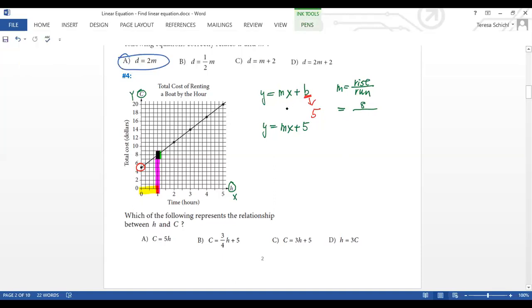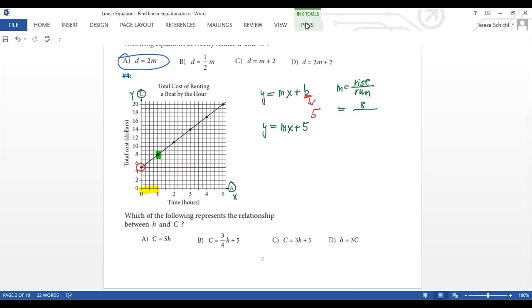Here I made a mistake. This is 1, but this one's here, right? So when x equals 0, be careful here. I hope I can erase this and not erase the whole thing.